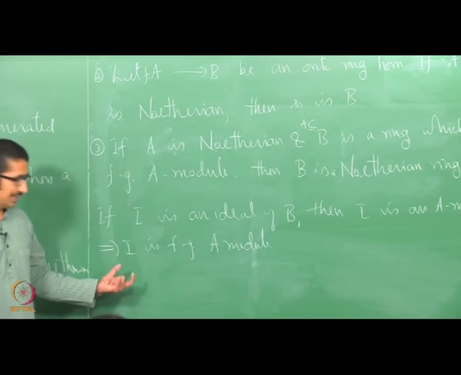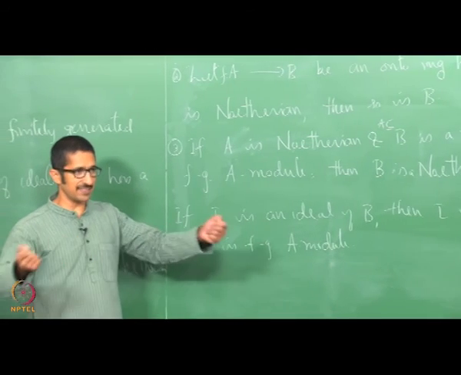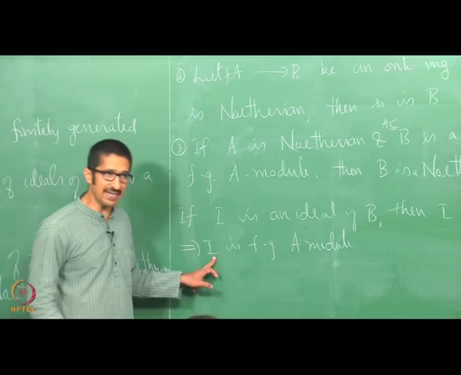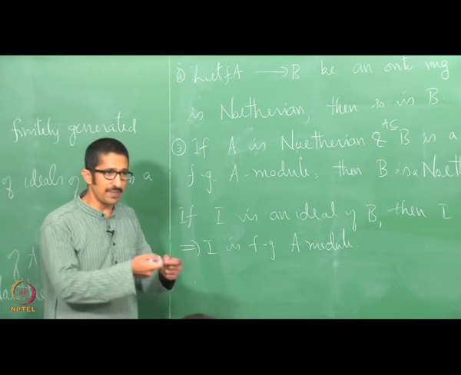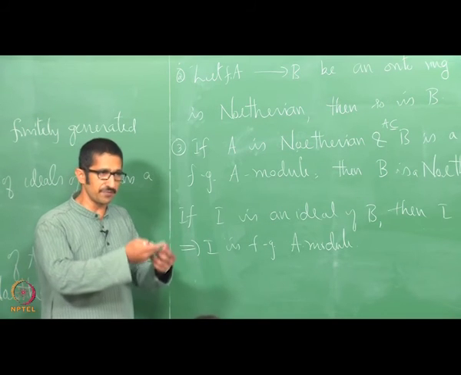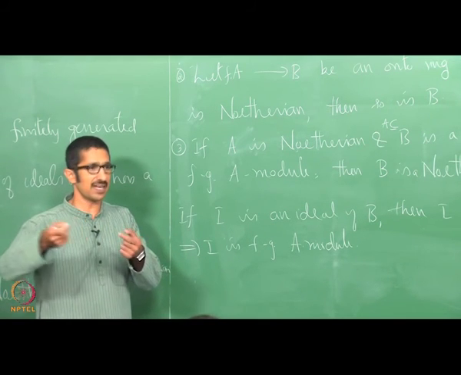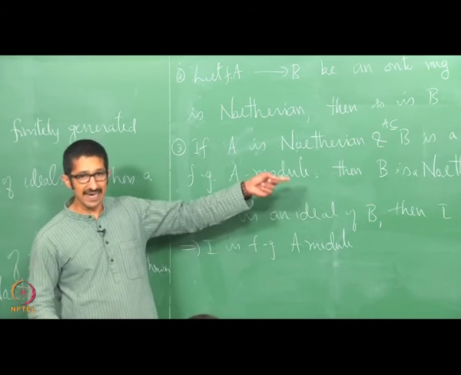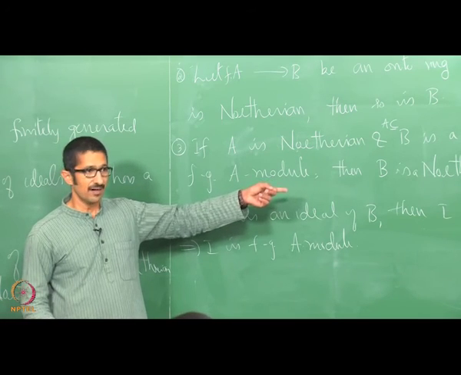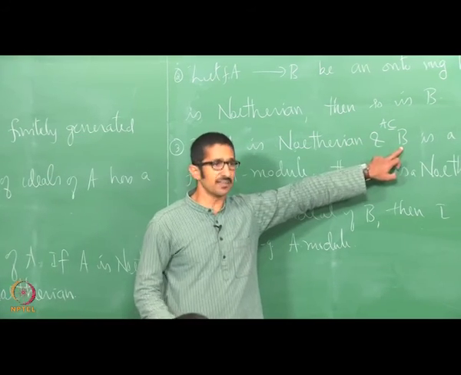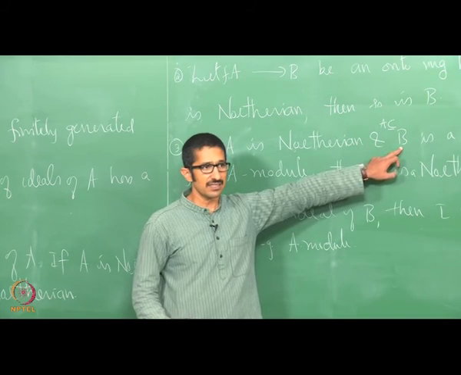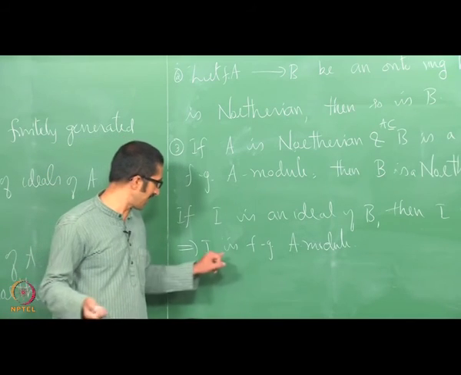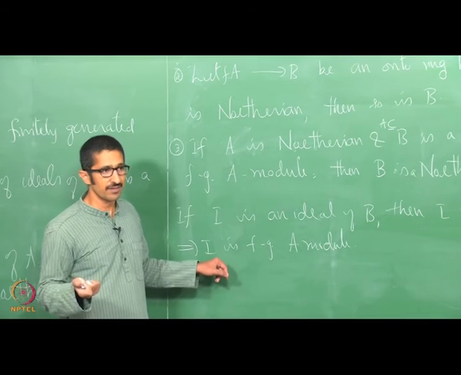What does that mean? There exists a finite generating set, let us say x1, x2 up to xn, such that every element of I is written as a linear combination of the form a1 x1 plus etc. an xn, where each ai is coming from A, but A is already there in B. So, every element is a linear combination of x1 up to xn, which means I as an ideal is finitely generated.